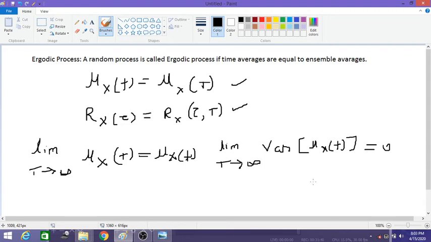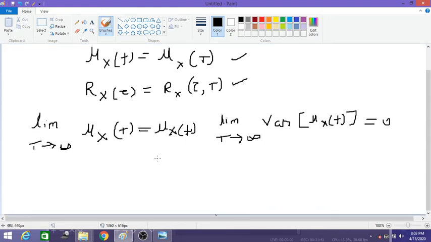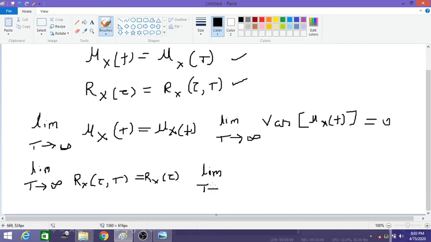Likewise this also holds good for the autocorrelation function. As the limit t tends to infinity, Rx of tau comma t is equal to Rx of tau, and the limit of its variance as t tends to infinity, the variance of this autocorrelation Rx of tau comma t is equal to 0.